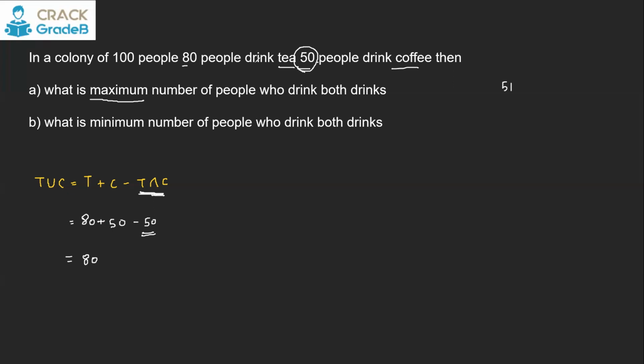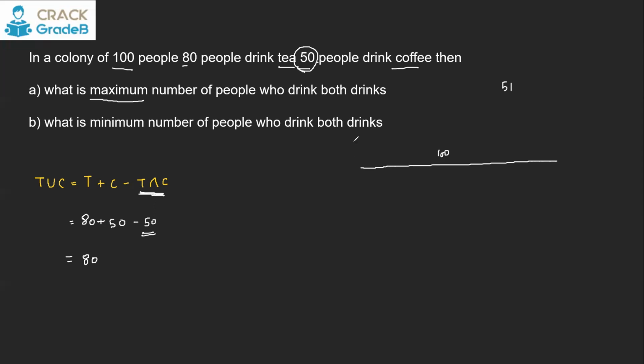But if you consider another method like this, you have 100 people. So consider this white line represents the number of people in the colony. These are 100 people, so the complete white line should have the length of 100. Out of which 80 people drink tea.